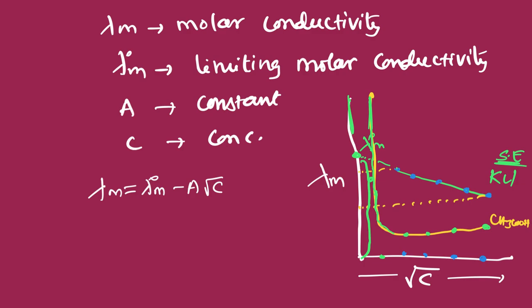That's why we cannot get lambda naught m. So lambda naught m is obtained for strong electrolyte by using the formula lambda m is equal to lambda naught m minus A root C, but not for weak electrolyte.